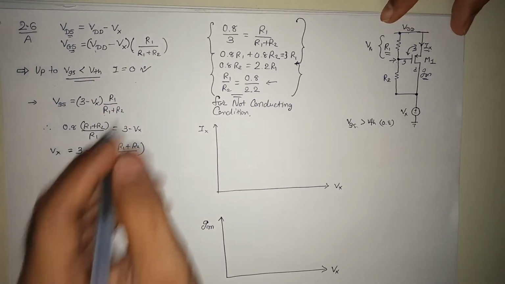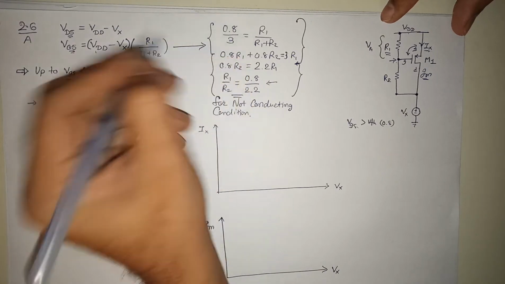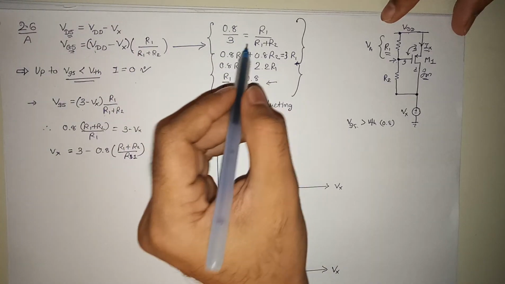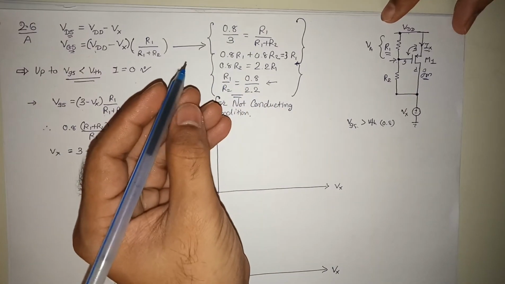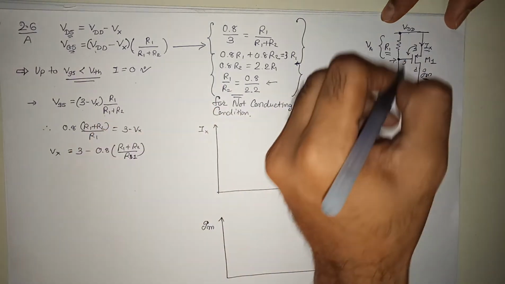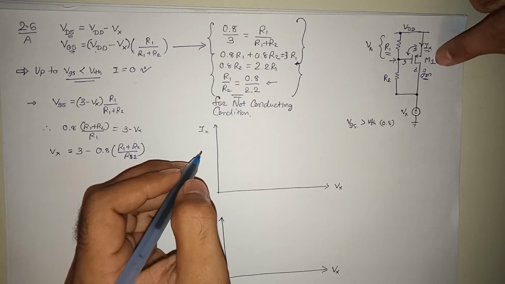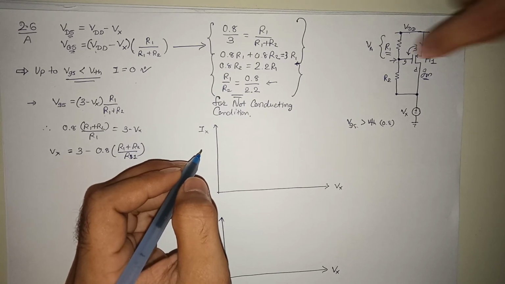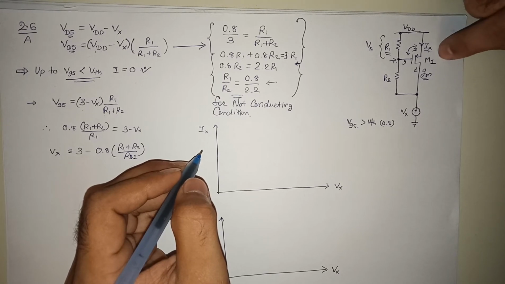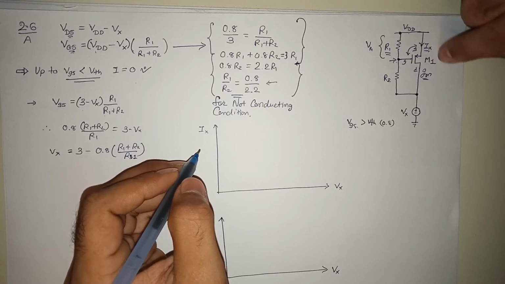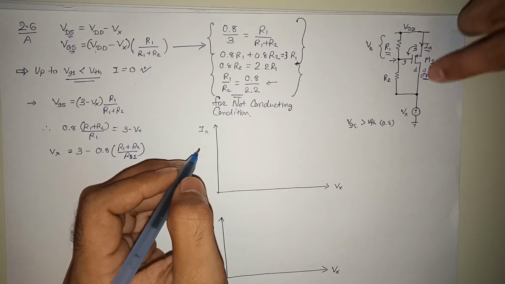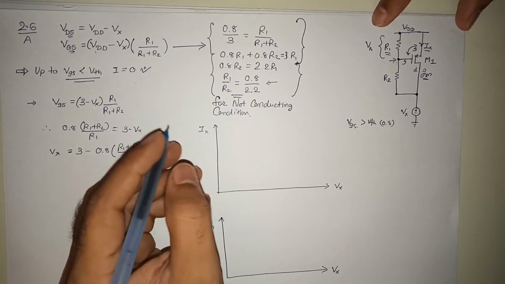Now with the help of this equation, we will find the lowest ratio we can go for R1 and R2 such that at least some VGS greater than VTH will be there, so that some current can flow from the source to drain of the PMOS.